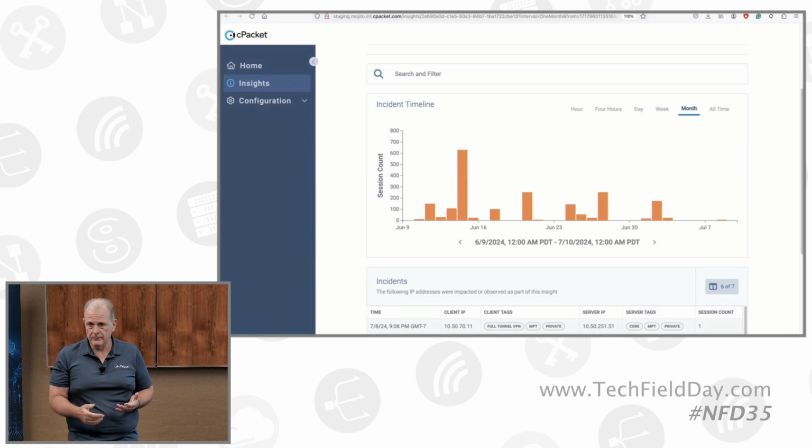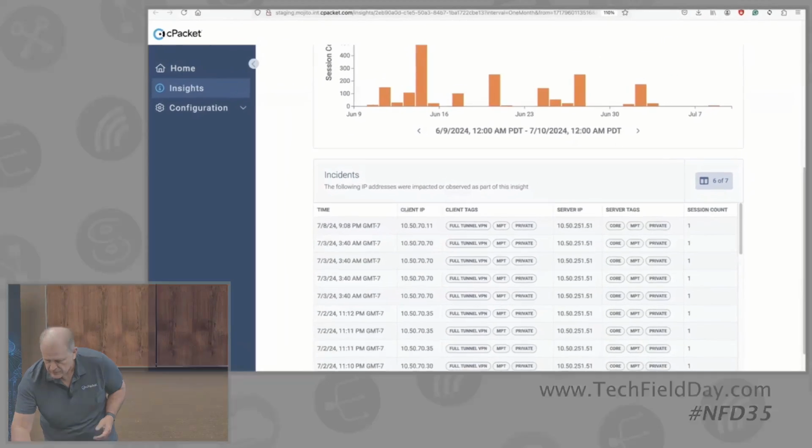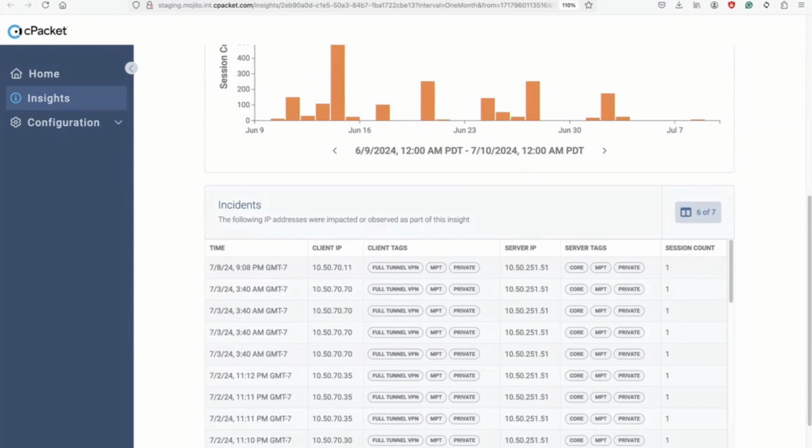I don't know what's going on, but you can see down here when these events occurred, who the clients are it's talking to, and what its IP address is. We also have metadata or tags associated with different groups. When you build your network and define it, you lay out these tags and classify things. That'll become important in the next demo I'm going to show you.